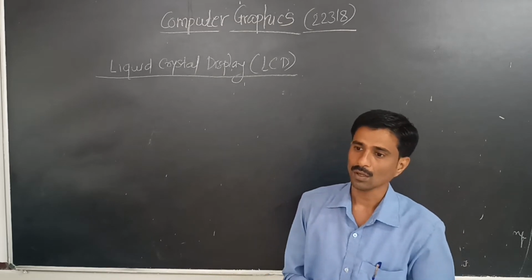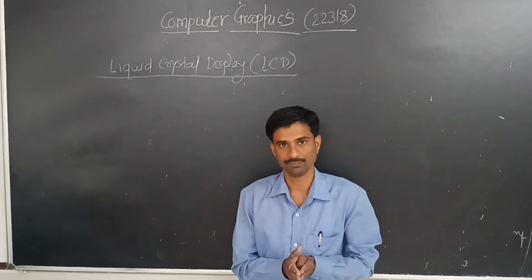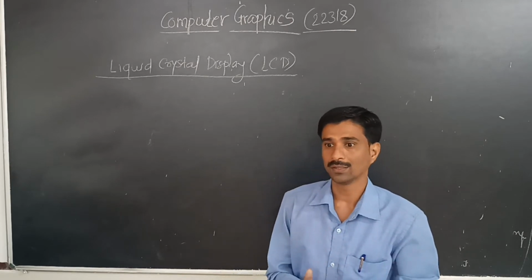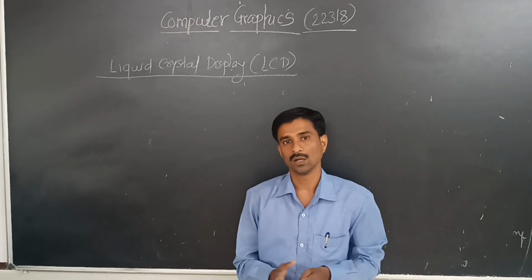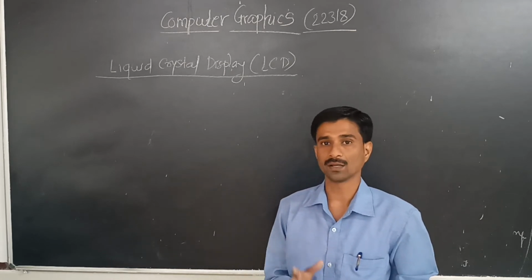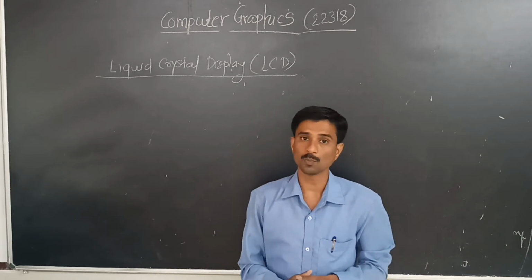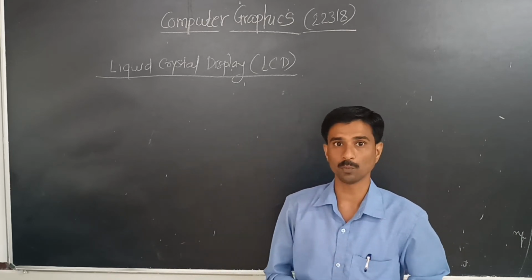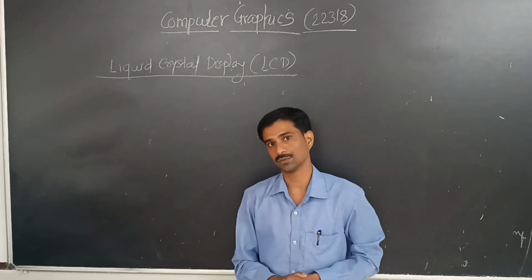And along with the electrodes, there is one filter, that is a polarizer. One is a horizontal polarizer and another is a vertical polarizer, used to filter the light.